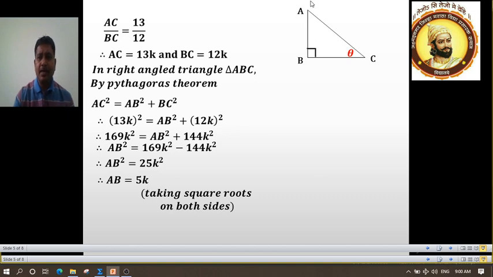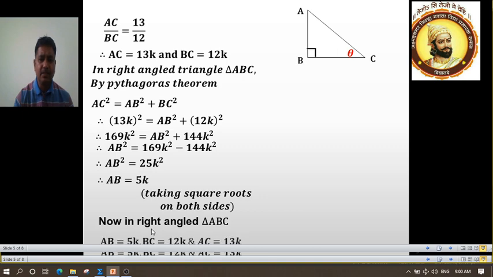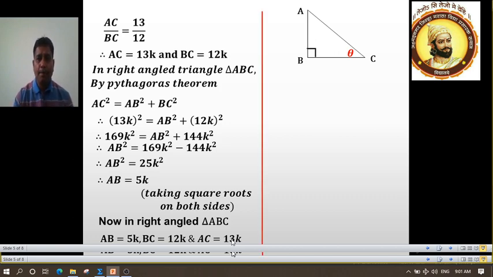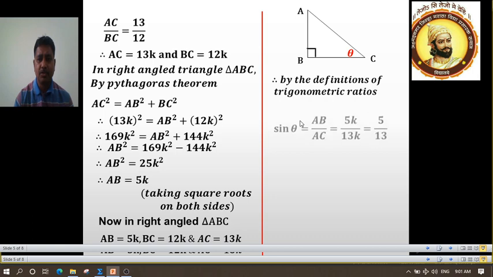Therefore, in right angle triangle ABC, all three sides are known. AC is 13K, BC is 12K, and we just found AB, that is AB is equal to 5K. So, by using the definitions of trigonometric ratios, first the sine ratio.